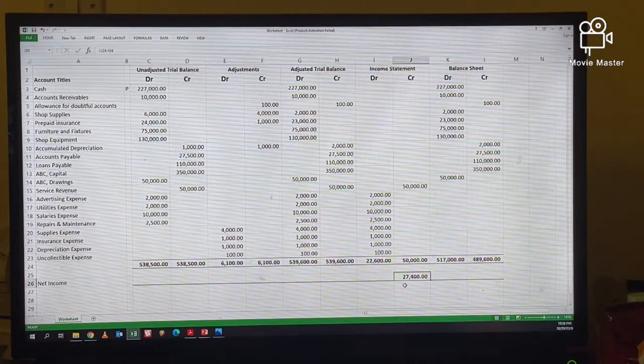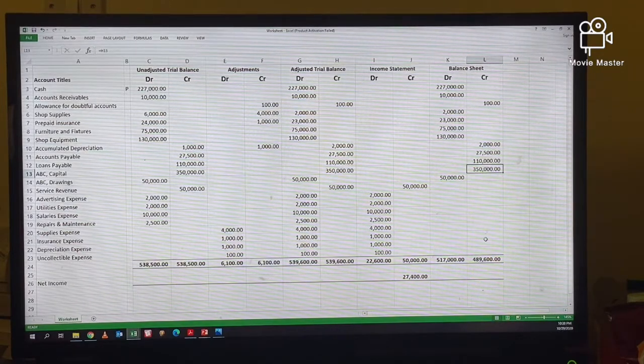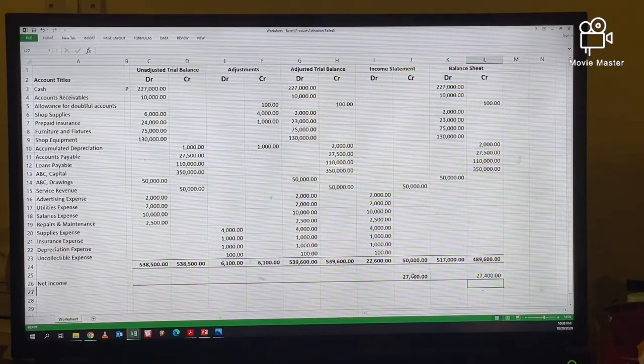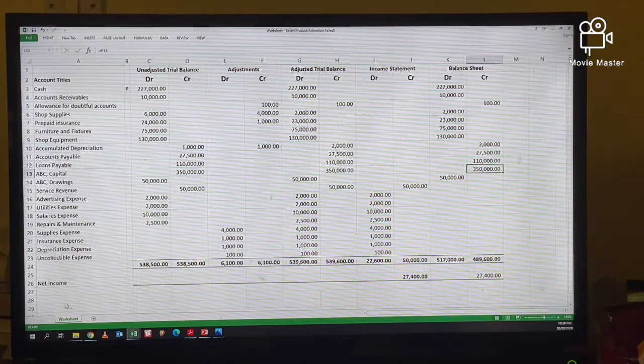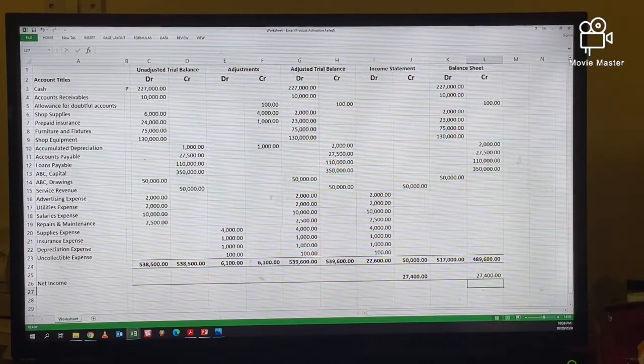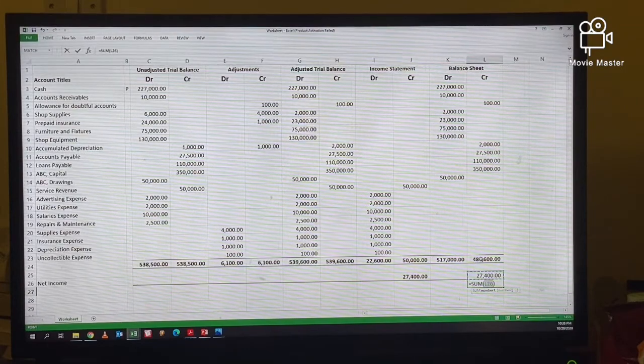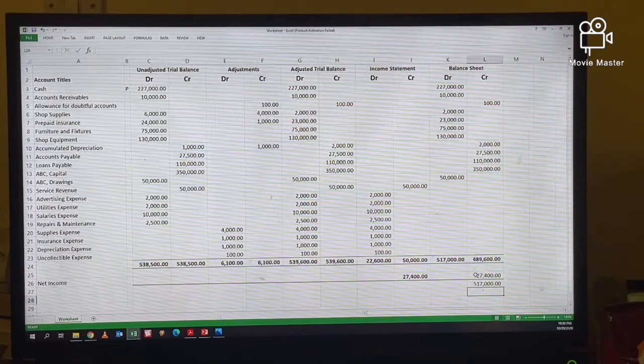Okay? Yung net income na yan, ma-add kasi siya sa capital. So, since positive siya ay credit. I-add mo siya sa capital. Kaya, ang magiging total na ng iyong credit ay 517,000.